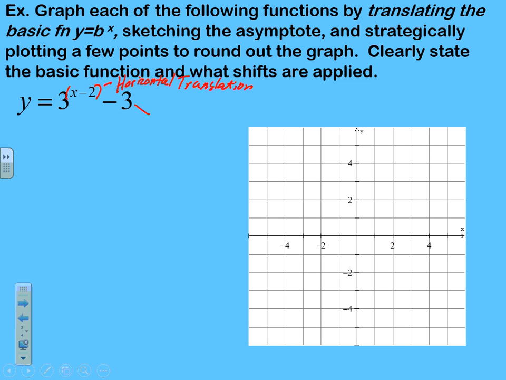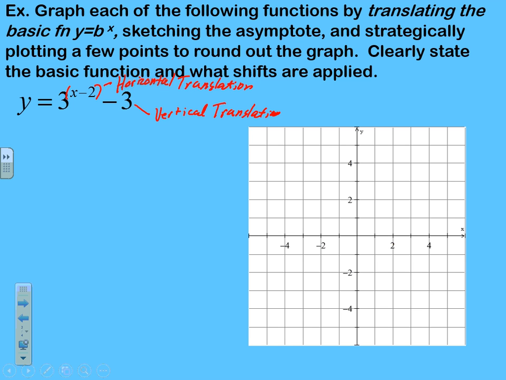The minus 3 here is what, in every other function, would be our vertical translation, meaning that tells us that we move up and down.